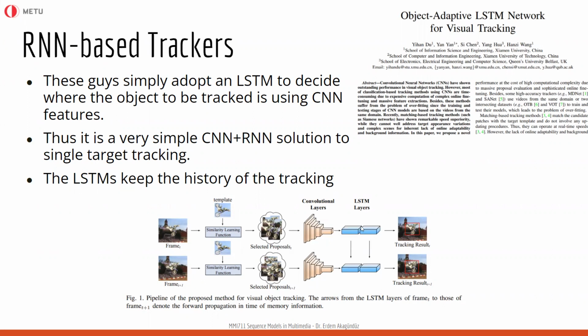But this would be a naive approach if we have fed the entire image frames. They don't. What they do is they select some regions from the image. So they start with a template. So they say this is the target. Think of it like at the first frame, somebody shows the tracker the target.